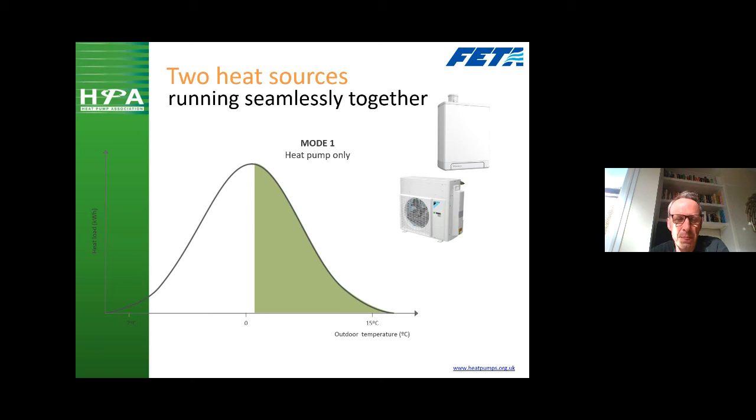As the ambient condition drops, and if Sam clicks on the next one, we'll see that we can start to run, in some instances, in hybrid mode, where we can utilize the heat pump and the secondary heat source, in this case a gas boiler.